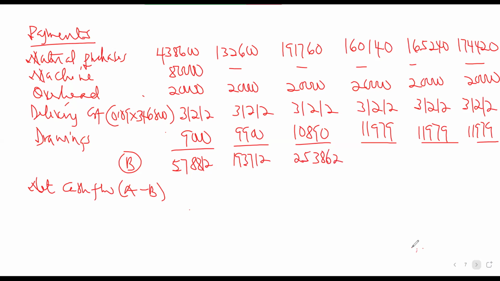April is 223,331. June is 237,611. May is 228,431.